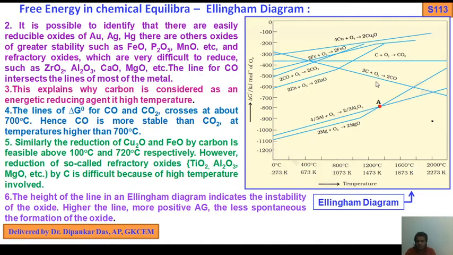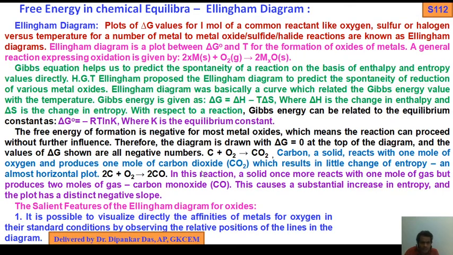But with carbon monoxide, 2C plus O2, a solid once more reacts with 1 mole of gas but produces 2 moles of gas, carbon monoxide.